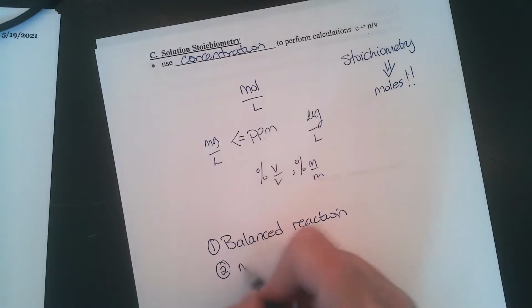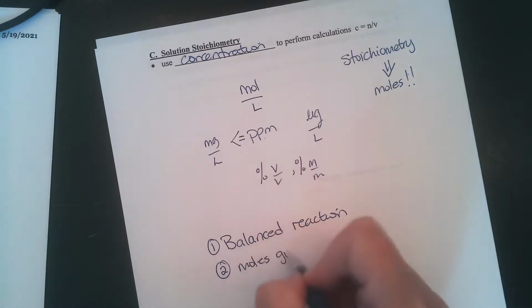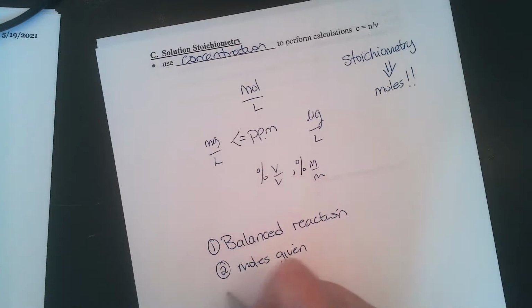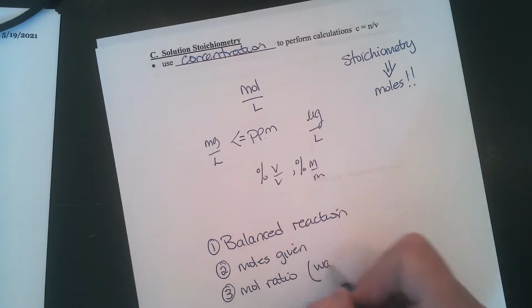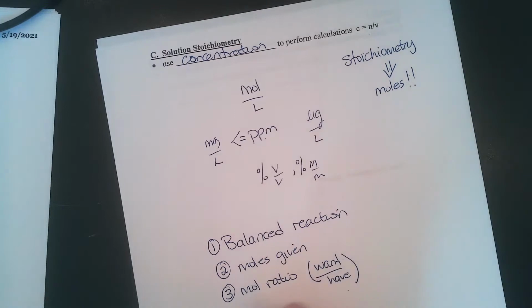We need to get our moles of our given component. We need to look at the mole ratio between what we want over what we have. And we need to then go from our mole ratio into the concentration of our wanted.